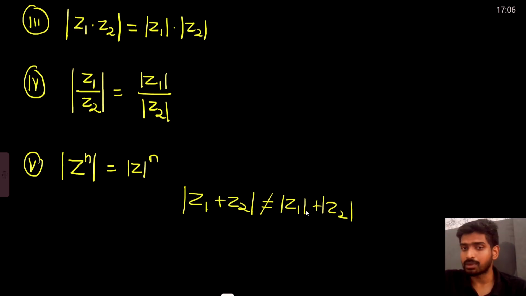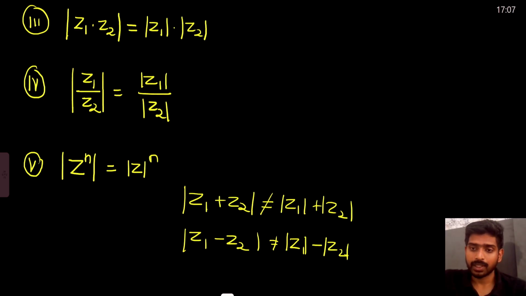This mod we can't distribute over addition or subtraction. z1 minus z2, we can't write equal to z1 mod minus z2 mod. This we can do in the case of only multiplication, division, or in case of powers. But in case of addition and subtraction, we can't distribute this mod like this. This is wrong.